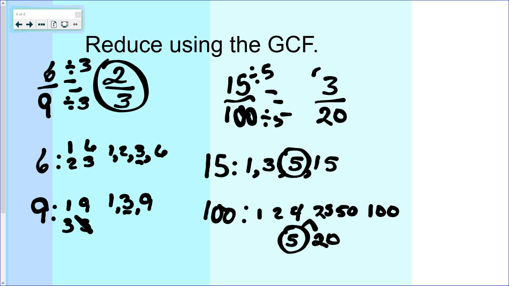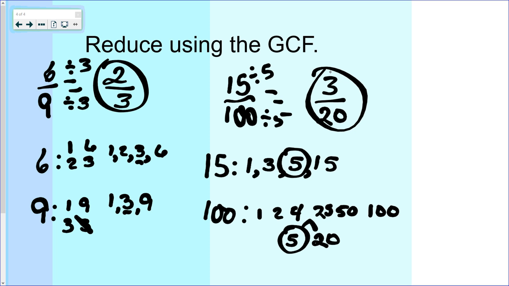So 3/20ths would be the same as 15/100ths. Okay. Like I said, if you're not sure about your multiplication facts, you can use your chart a little bit if you need to, but just start at 1, 2, 3, 4, 5, and go on up and see if you can find that common factor.